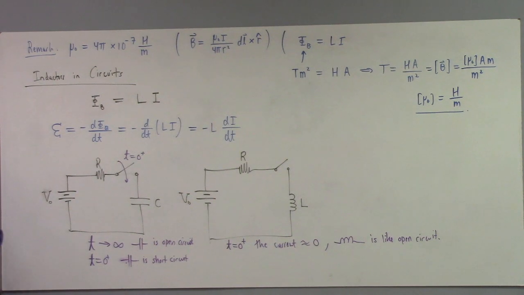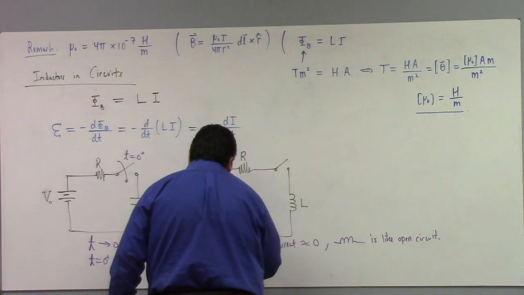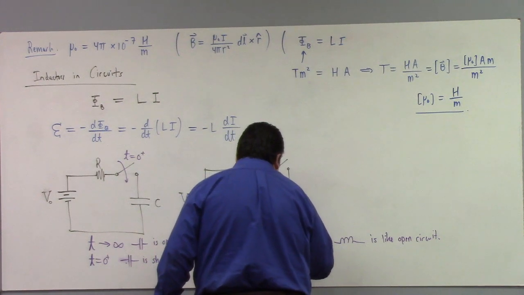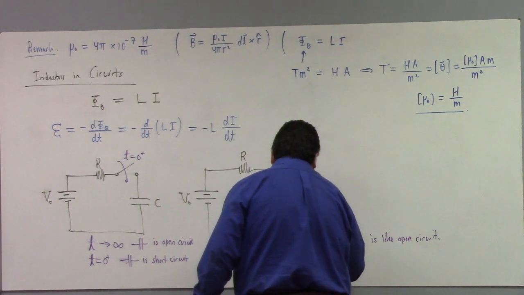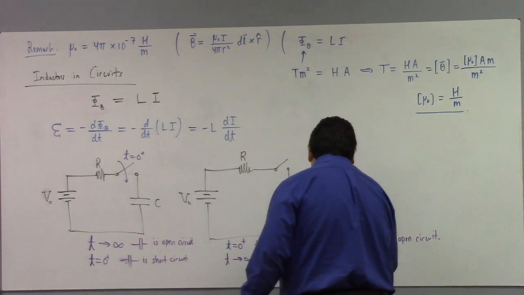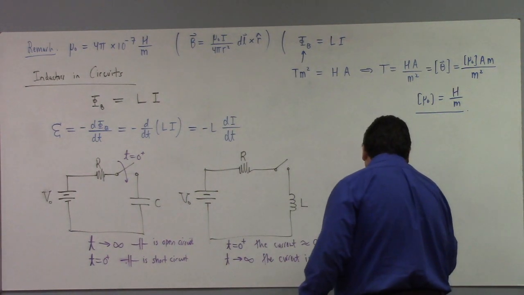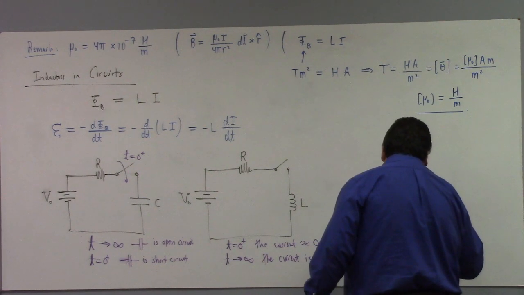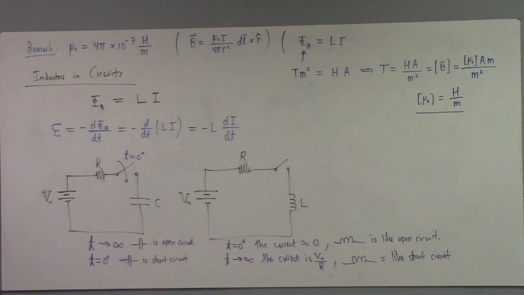Then as time goes to infinity, the current goes to V0 divided by R. That's the steady state current, and the inductor is like a short circuit. So they're really dual.